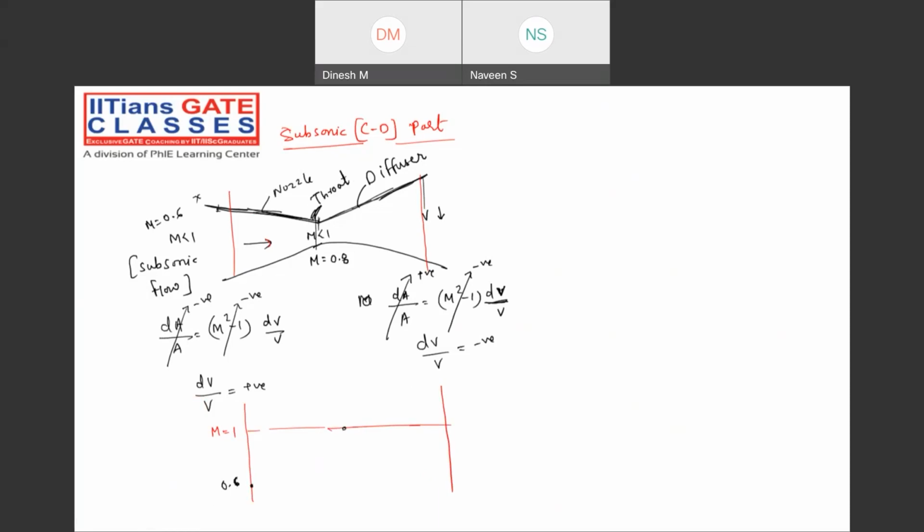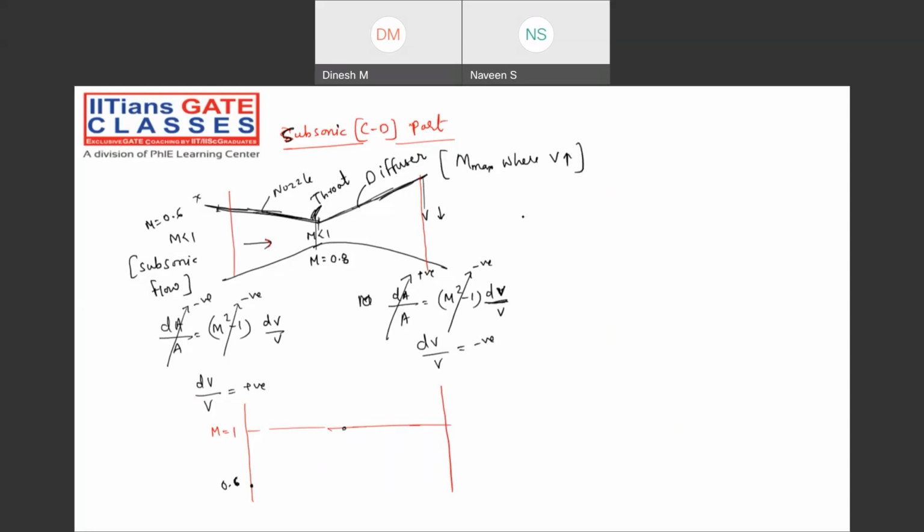Tell me guys, this is a very, very important discussion. Where will the Mach number be maximum? Check it out. Mach number will be maximum where the velocity will be maximum.